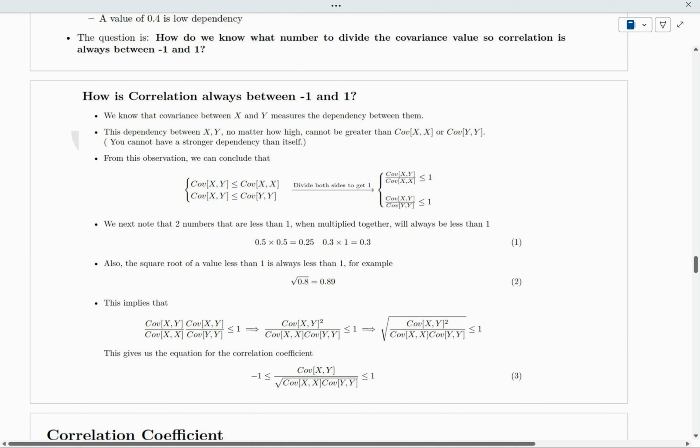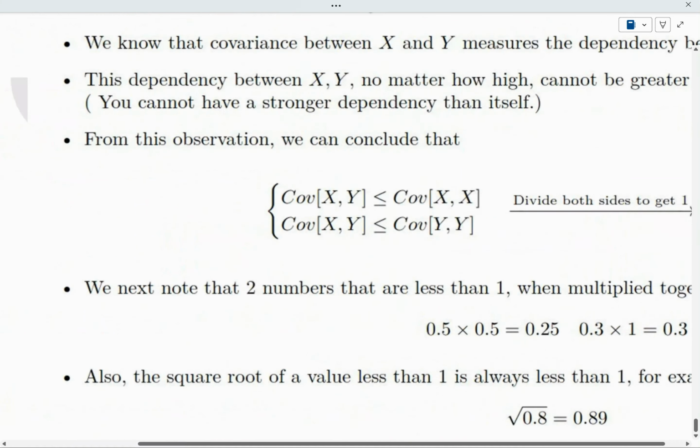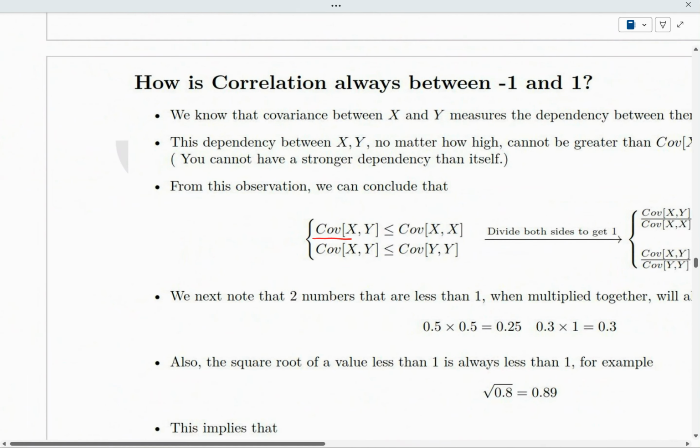all we have to do is make a couple of observations. First observation is that the covariance of x and y, the dependence between two variables, has to be less than the dependence with itself. You cannot depend on anybody else more than you can depend on yourself. Similarly, this is xx.